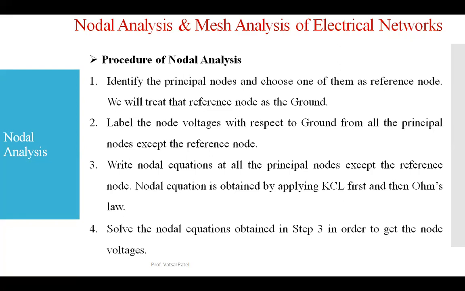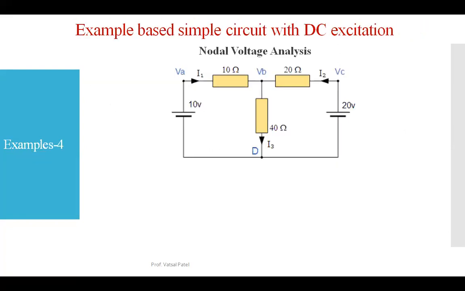Then we are going to solve the equations we obtain in the third step, and we will identify the node voltages. Now the same example we solved by the mesh analysis method, if we apply the nodal analysis method here, then what steps we will apply, that is the important thing.